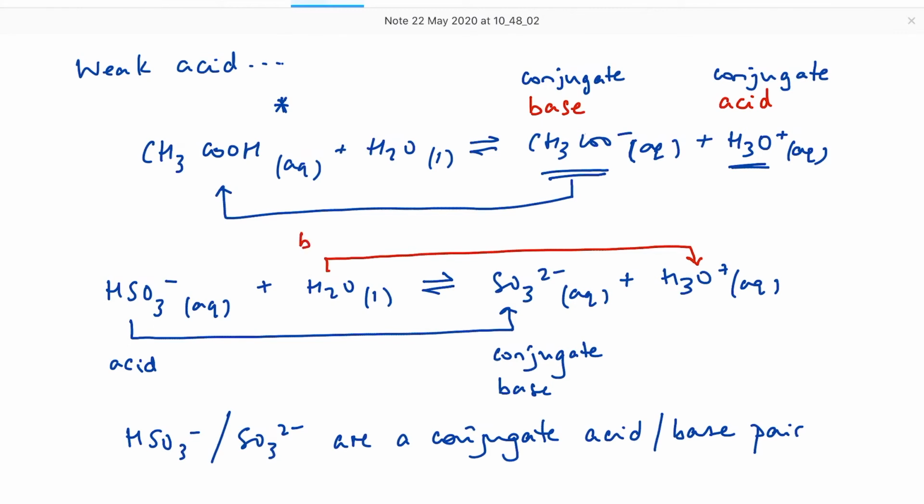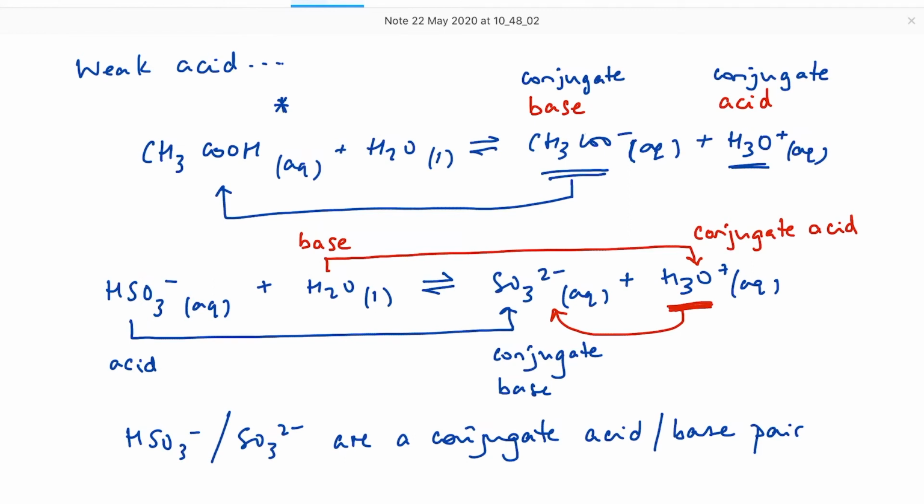So water is the base and H3O+ here is the conjugate acid. So there is the possibility that H3O+ could donate a proton to SO3 2-. The oxonium ion would behave as the acid, SO3 2- would behave as the base, and we'd be back where we started.